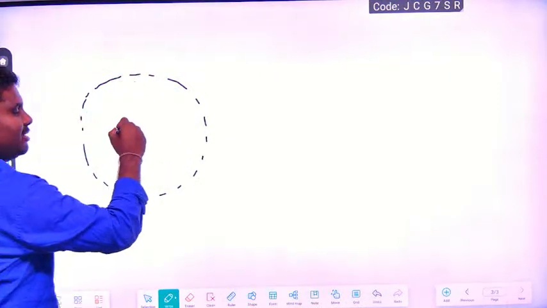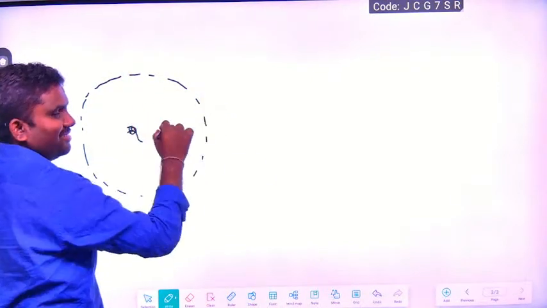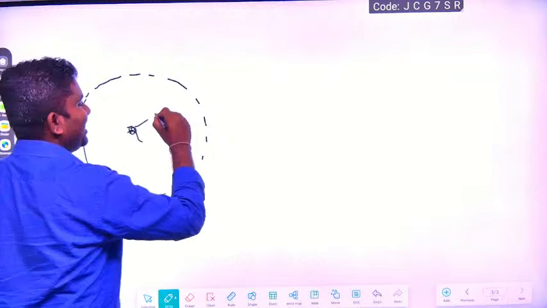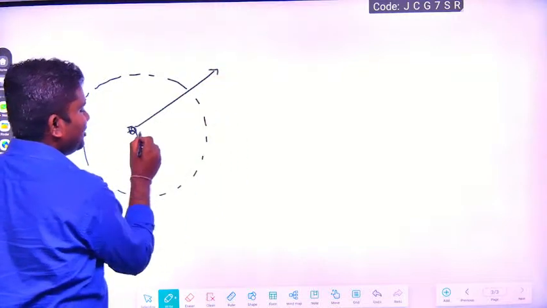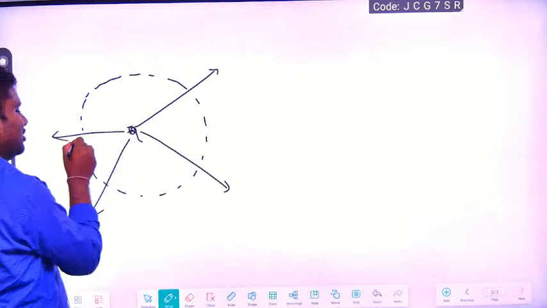How will the field be from the charge? What is the direction of the field? Field lines always originate from the positive charge. Very nice.